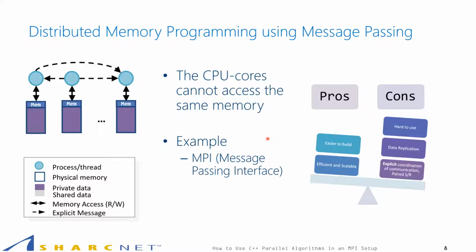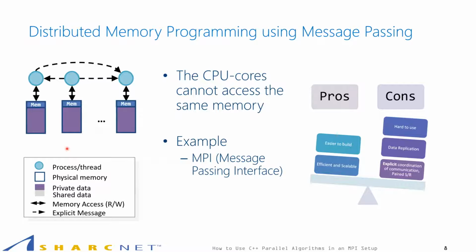You can build a cluster, for example, using Raspberry Pi computers and a network in your home. And it's very efficient and scalable. There is no false sharing, for example, here. But the problem is that it's hard to use and program. There is also data replication and redundancy, because you need to put some of your data on all processes or all nodes, for example.